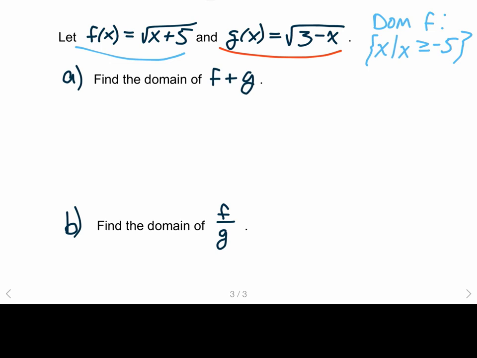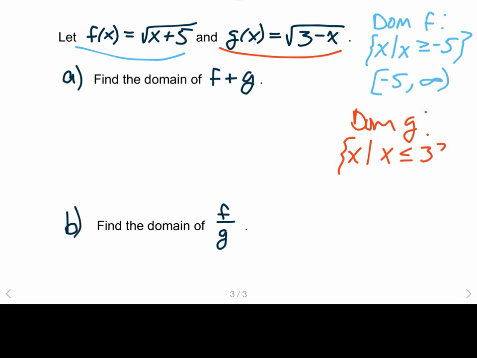Or, if you like, square bracket -5 comma infinity parenthesis, in interval notation. And the domain of g is the set of x such that x is less than or equal to 3. In interval notation, that's -infinity to 3 with, again, a square bracket at 3.